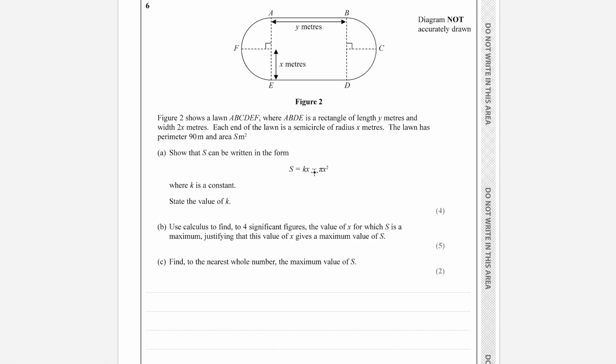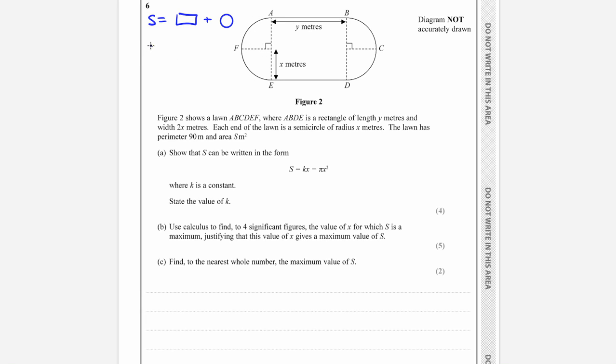Okay, so s is the area. Again, guys, I'm going to write up here, but you don't. So s is equal to the area of the rectangle plus, it's actually the full circle, guys, because it's like 2 semicircles.